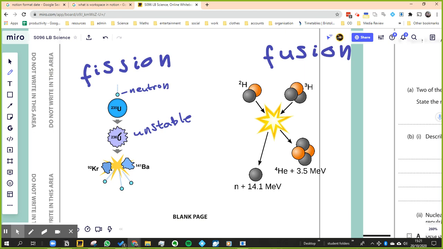So 235, now 236. Now uranium 235 is reasonably stable. Uranium 236 is unstable. What that means is, in fact, it's very unstable. What that means is it will almost immediately break apart into two different nuclei of krypton and barium.